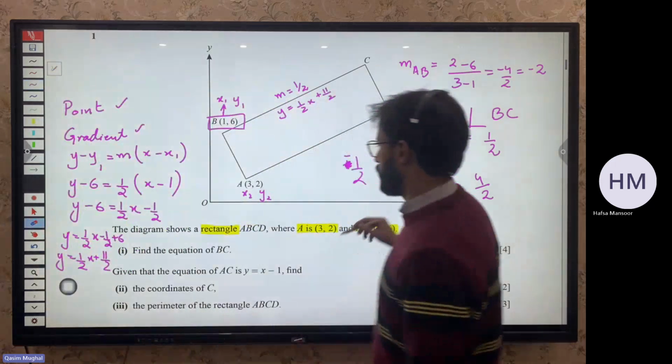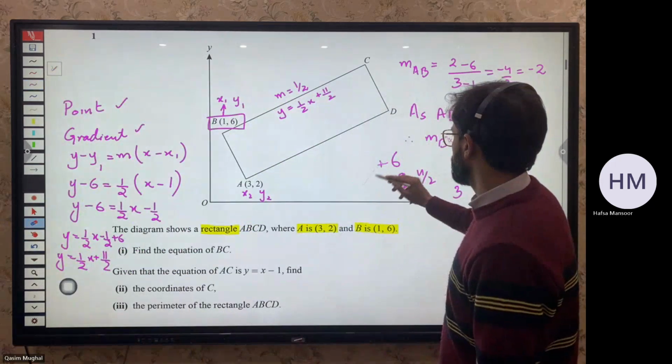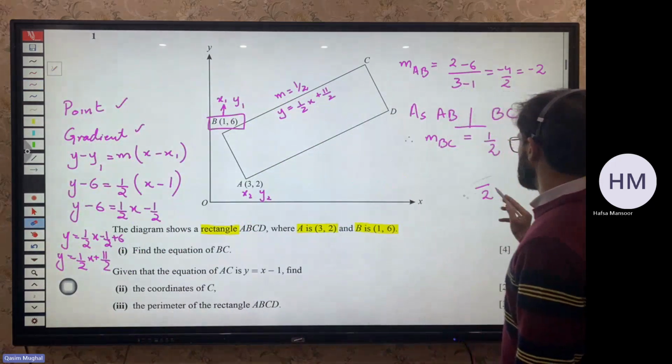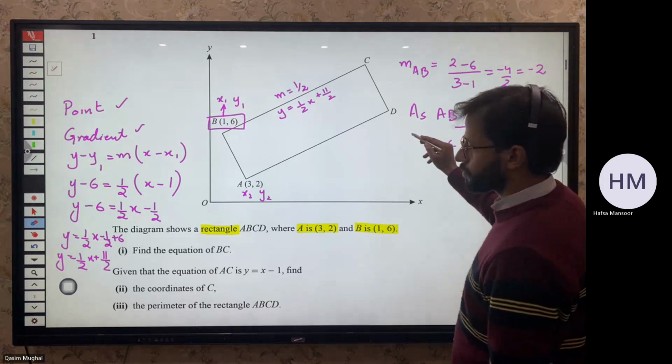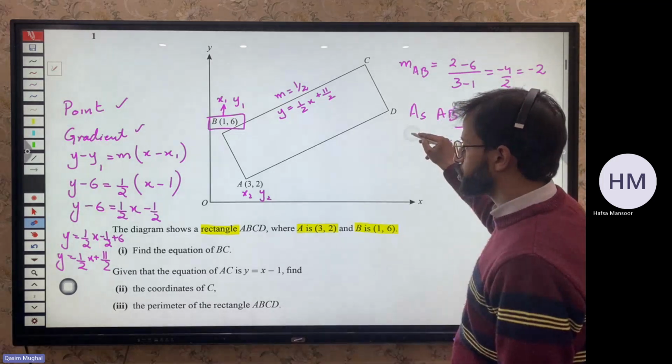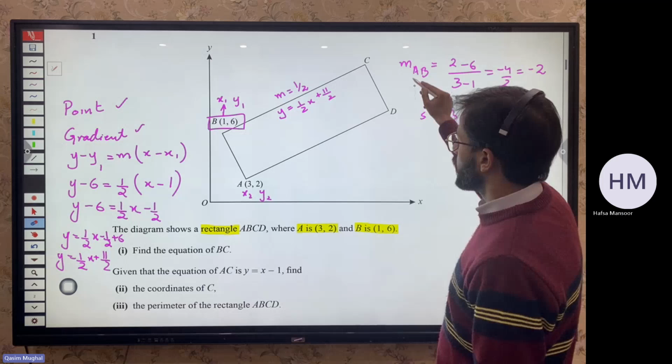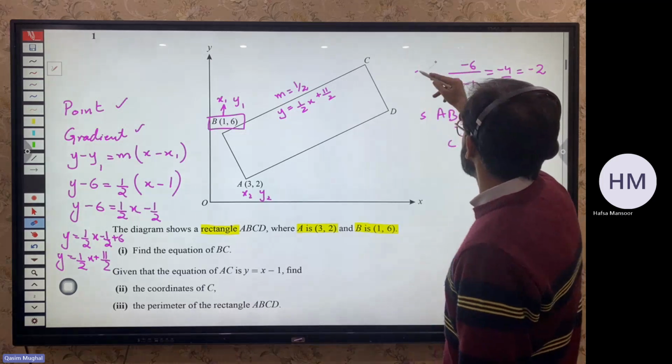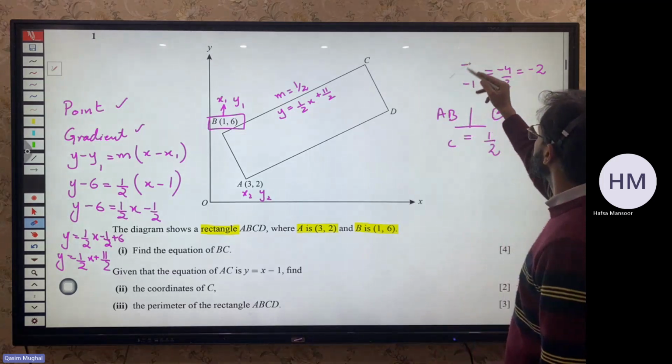All right, this was the first part of the question. We did this. Next: given that the equation of AC. Okay, they have given us the equation of AC. What is AC if you look at the diagram carefully?